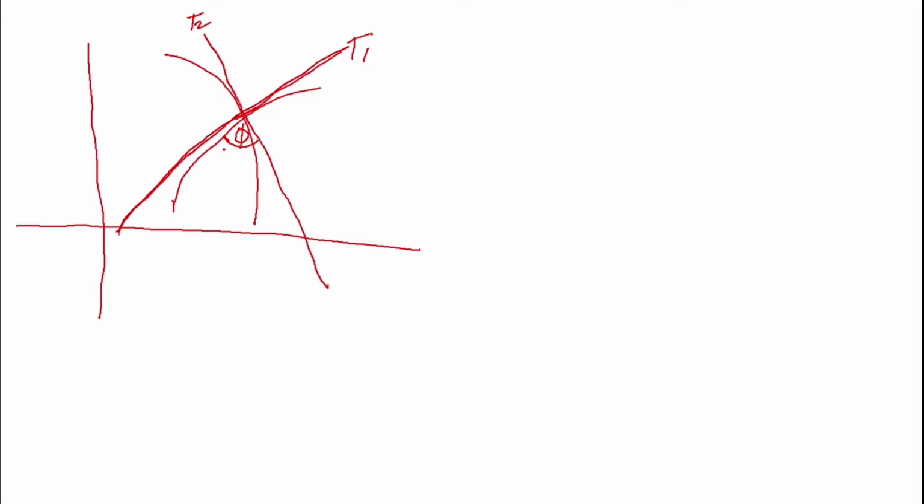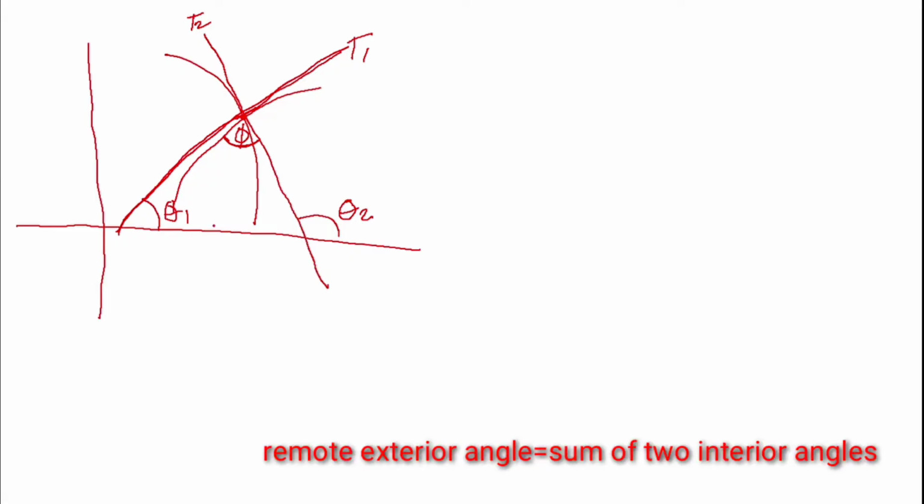If this is our theta 1, then this angle could be our theta 2. How do we find the angle of this one? It's stated that the remote exterior angle is equal to the sum of the two remote interior angles. Therefore, theta 2 is equal to theta 1 plus phi.